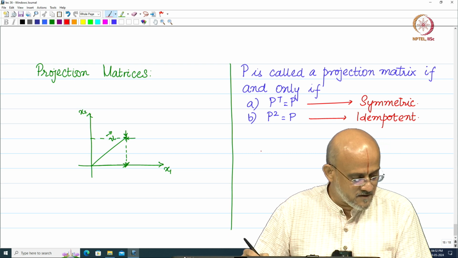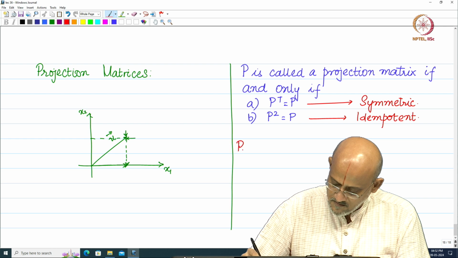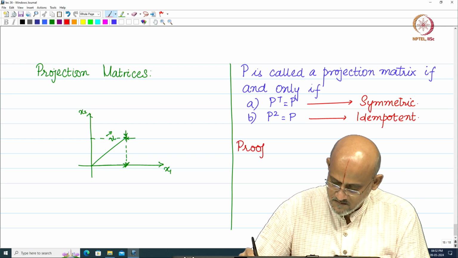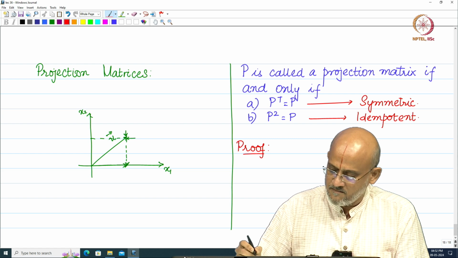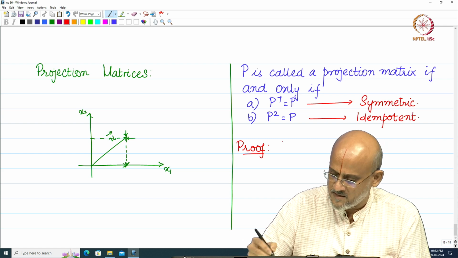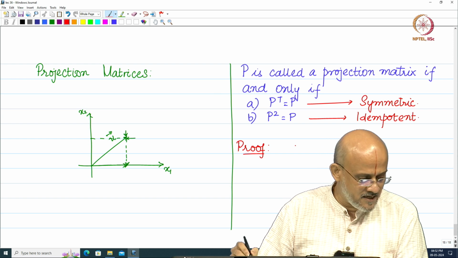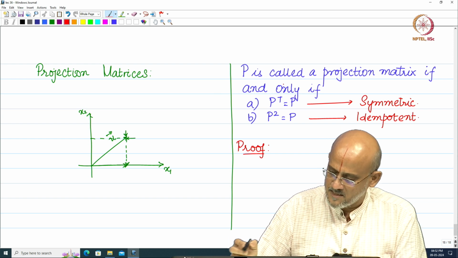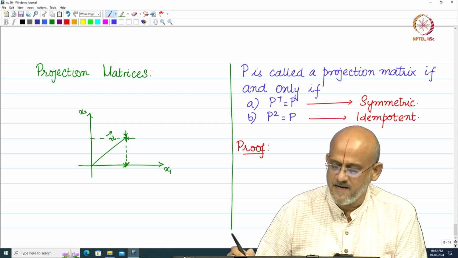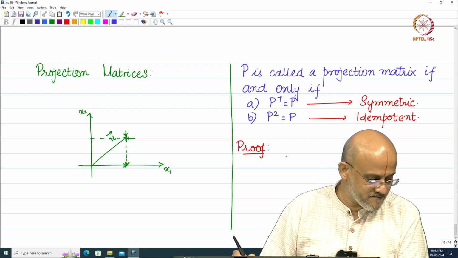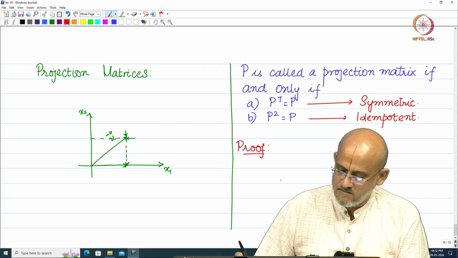Now let us look at the proof. This is basically a definition, and it is also called a theorem. It is actually a theorem where we say that matrix P is a projection matrix if and only if P transpose is P and P squared is equal to P. So let us look at this.